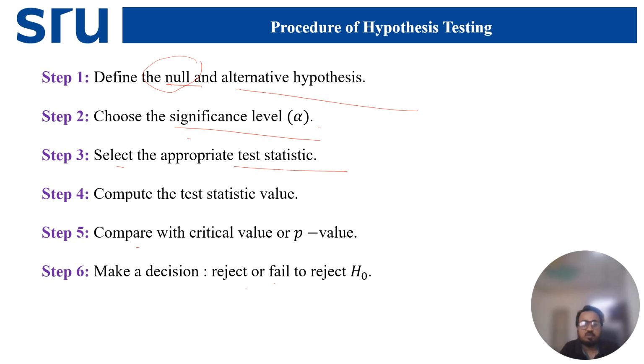So first, we will determine the null hypothesis and alternative hypothesis. Then we will choose the significance level. Then we will find the value by using the appropriate test statistic. Then we will compare this test statistic value with the critical value. Then we can decide whether the null hypothesis is rejected or fails to be rejected. Okay. So this is the procedure for hypothesis testing.